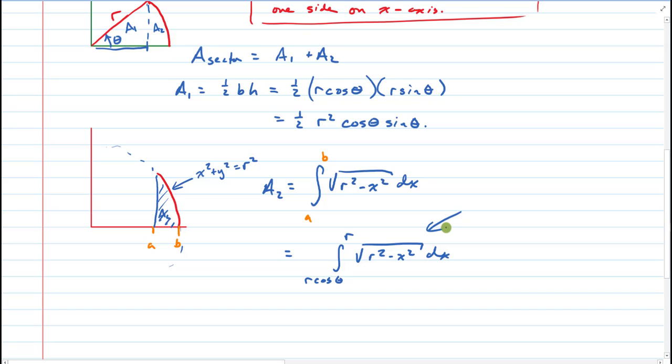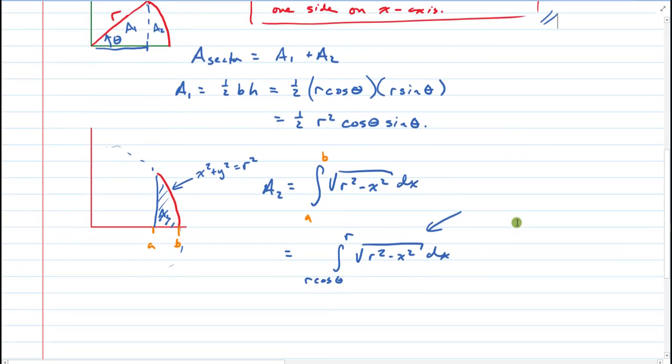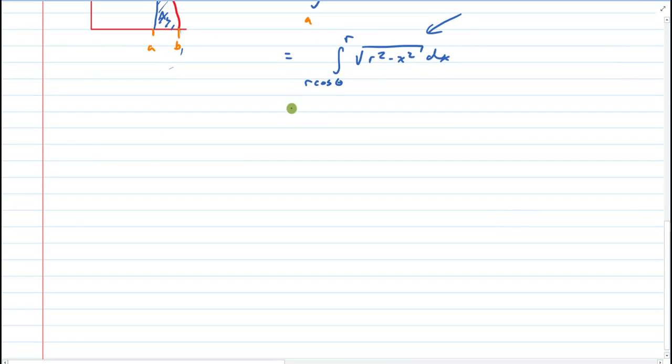To make that work out nicely, a lot of the assumptions rely on the fact that I assumed we were in the first quadrant. So at this point, I'm going to cheat and just go ahead and give you the result of this integral. It's a fairly tedious one to compute, but you can do it using trig substitutions from your Calc 2 knowledge, and you can do it without reverting to polar coordinates, which we need to avoid if we're trying to come up with a formula for our polar coordinates integrals.